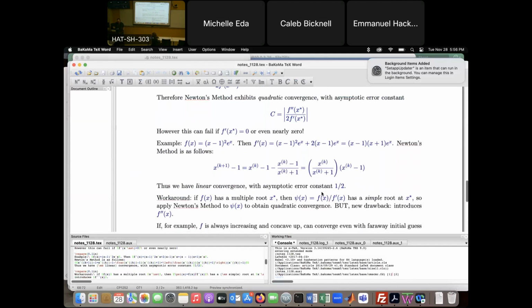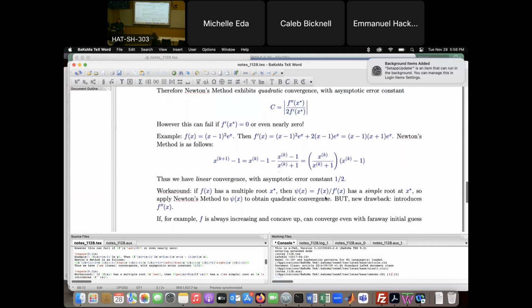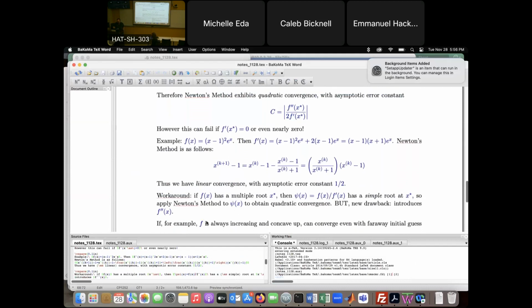Now, on the other hand, let's suppose a function has certain properties, like if f is always increasing and concave up, so the concavity never changes. It can be proven that no matter how far away from the root the initial guess is, Newton's method is guaranteed to converge, and converge quadratically.